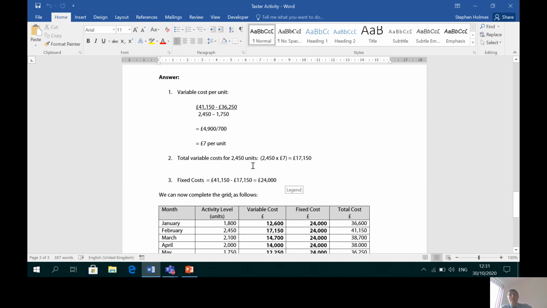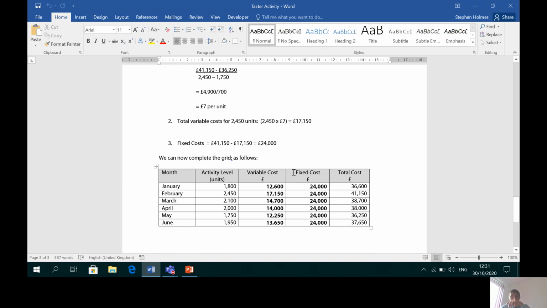We can then multiply the £7 by the number of units, 2,450 units, to get £17,150. Finally, we deduct the variable cost from the total cost to get the fixed cost element, which is 24,000.